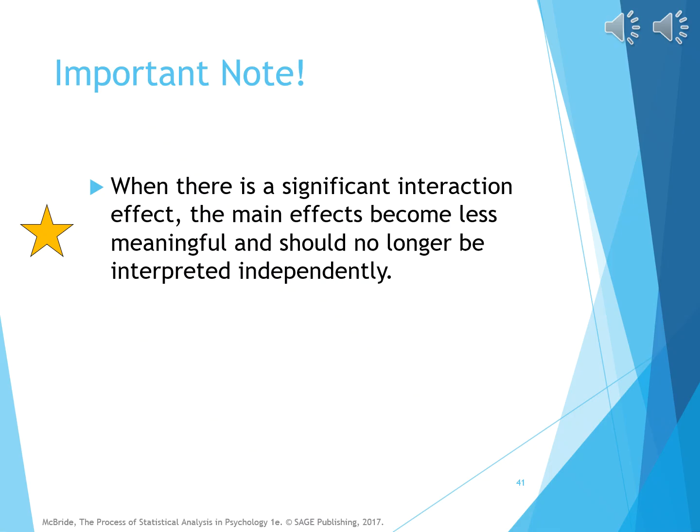Because if the interaction is significant, that means that the dependent variable is affected by the combined effects of multiple independent variables, which means that it doesn't really matter if the main effects are significant anymore, because you can't really talk about main effects if the interaction term is significant. Why?